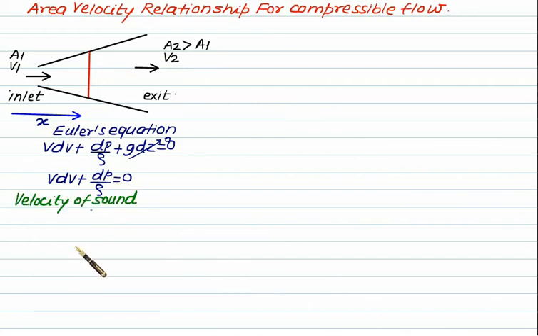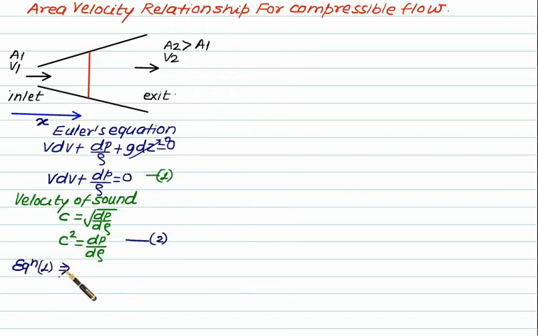We know that the velocity of sound is given by C equal to square root of dP by d rho, or C square equal to dP divided by d rho. So we'll slightly rearrange equation number 1 as V dV plus, we want to generate the term dP by d rho. So we'll divide by d rho and multiply by d rho, and the rho remains as it is, equal to 0.